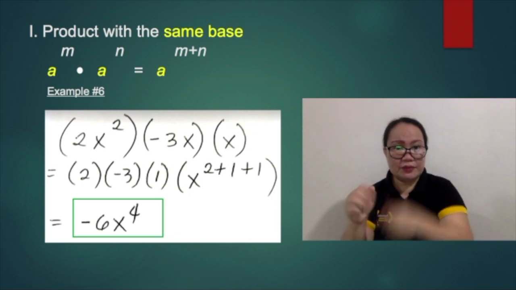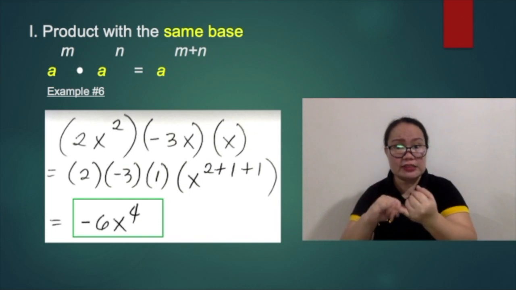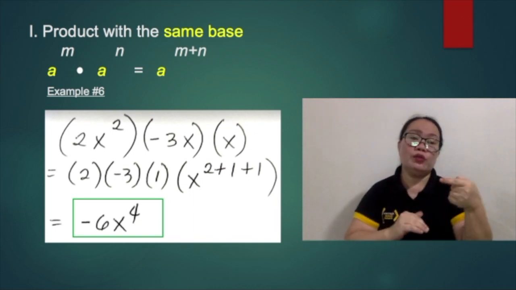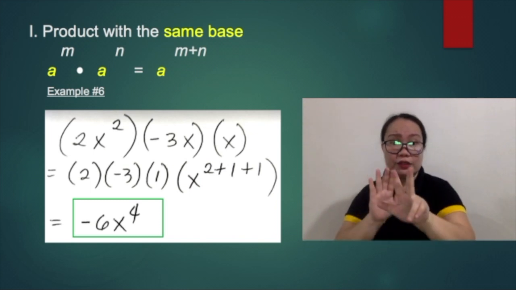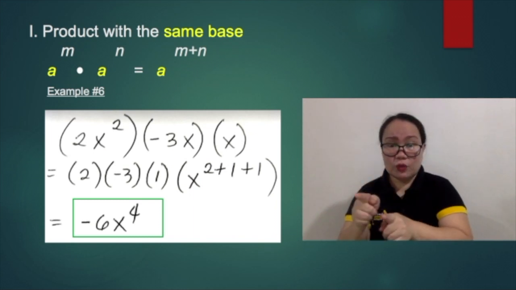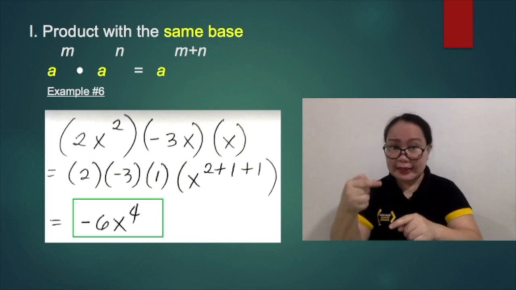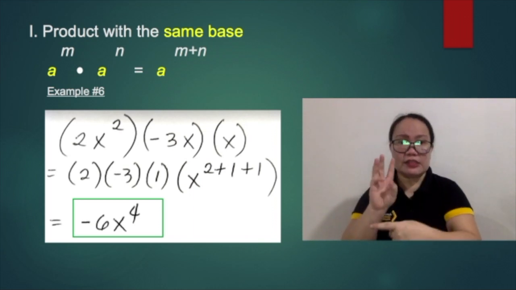So remember the law of multiplying integers. Positive times negative is equal to negative. So 2 times negative 3 is equal to negative 6 times 1. Negative 6 times 1 is equal to negative 6.